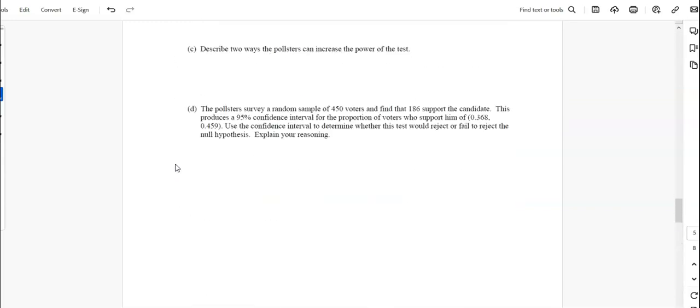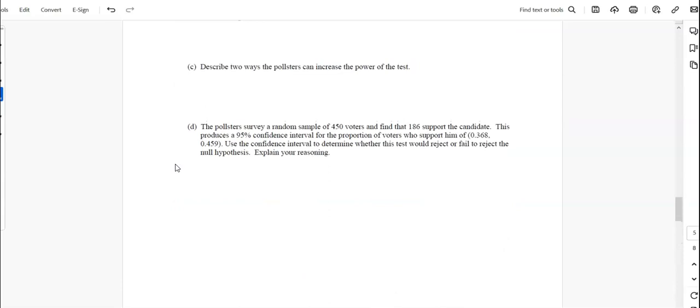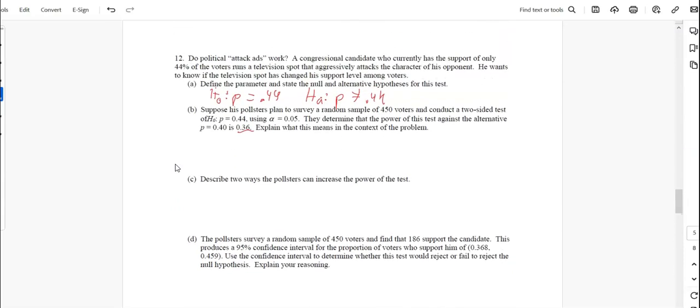Okay. So 12C. Describe 2 ways pollsters can increase the power of the test. So the sample size could increase. If you increase sample size, that is going to increase the power. And then alpha, which is the probability of type 1 error.